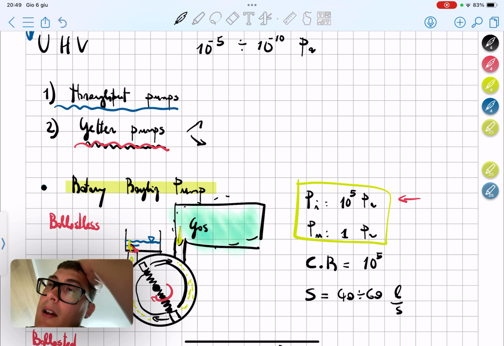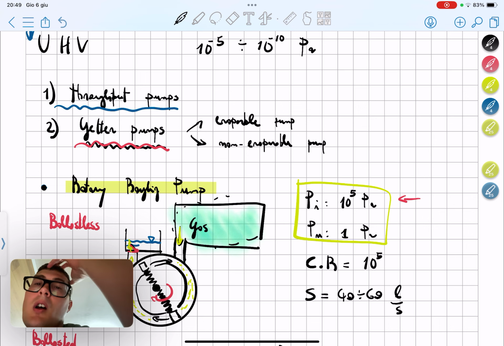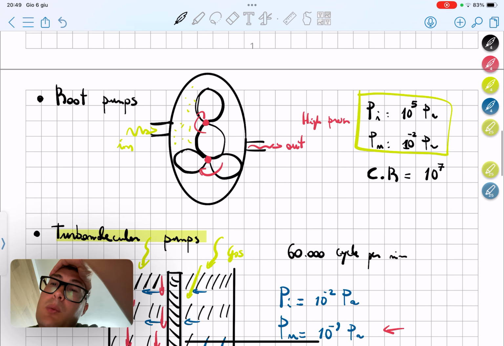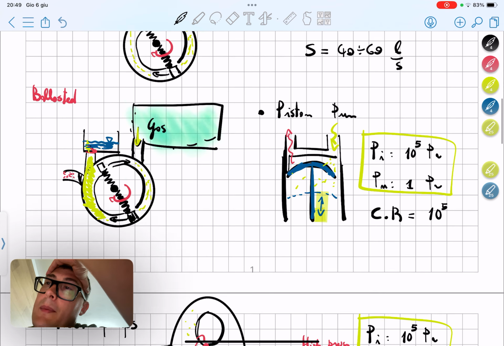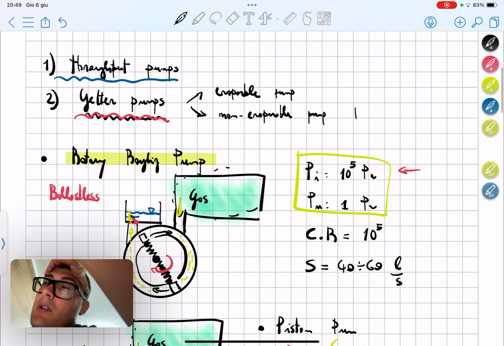We can have evaporable, sorry, vapor, or non-evaporable pumps, or sometimes ion getter pumps.